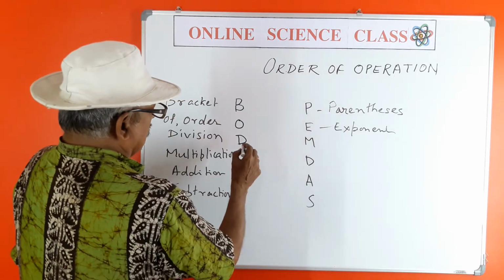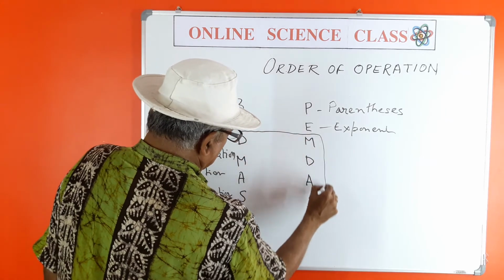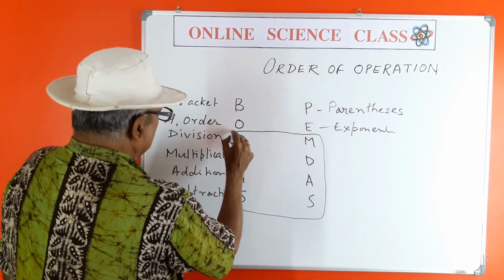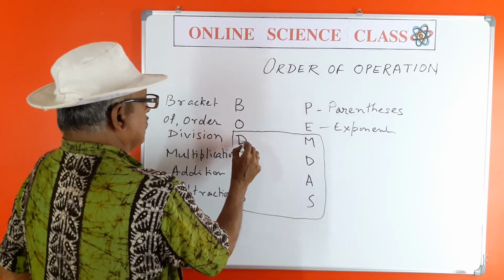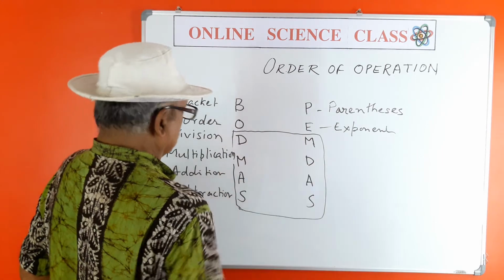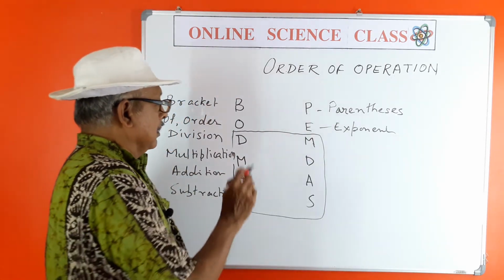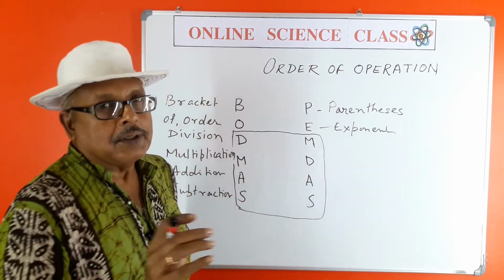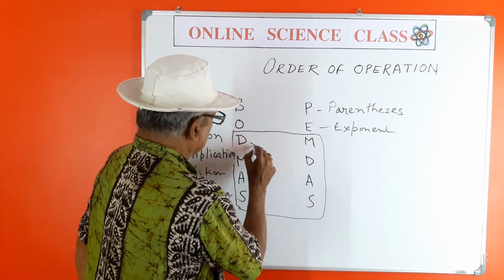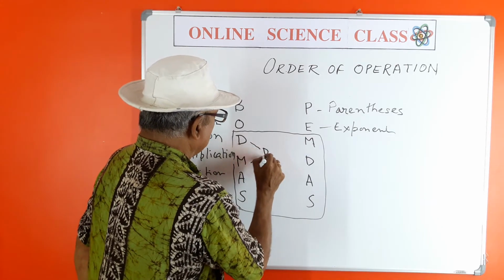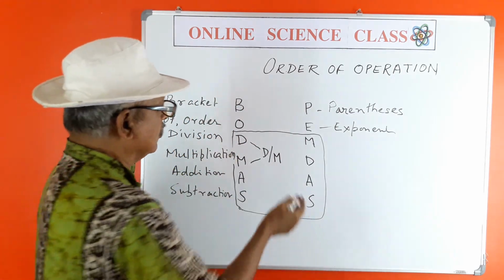Now just look here. If you see this, here it is division first, here multiplication first. Okay, but it is better to write as division oblique multiplication, division or multiplication, both.